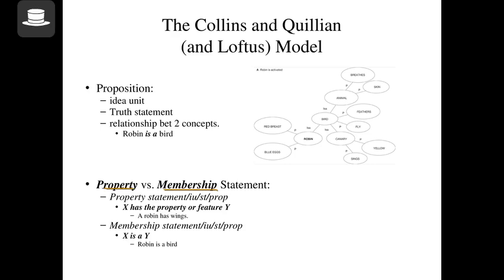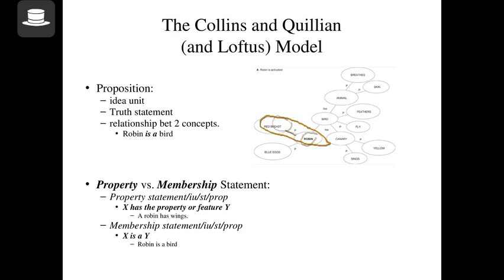Now, depending on the kind of pathway that connects two concepts in a given proposition, there are two kinds of propositions: property proposition and membership proposition. A property proposition has two concepts, Robin, redbreast, connected by a property pathway. So Robin has redbreast is a property proposition.